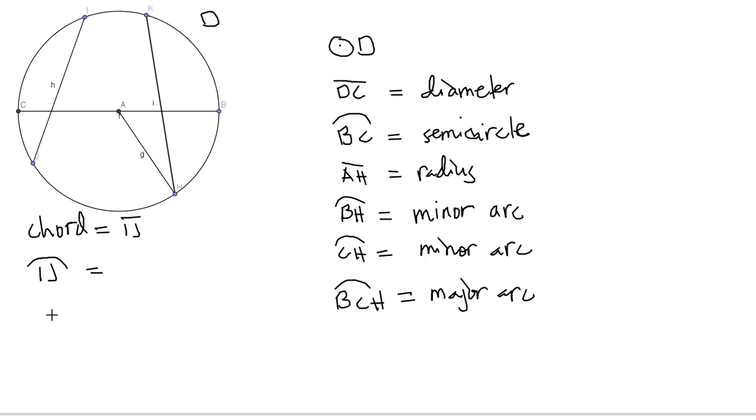So if I have the line HK, it is a chord, but the arc HK is also a minor arc.